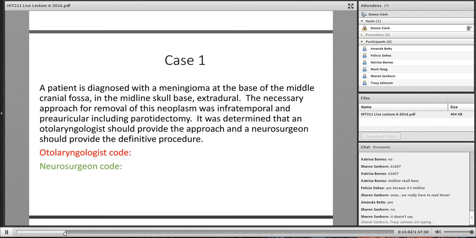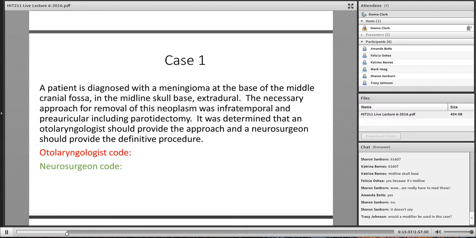Your definitive procedures could be biopsies, repair, resection, or excision. So the repair we're talking about is stage 3, more extensive types of repairs, like some type of graft or some type of pedicle flap. Those would be, or cranioplasty. Those are extensive repairs, but again, you will not always have an extensive repair in this type of procedure.